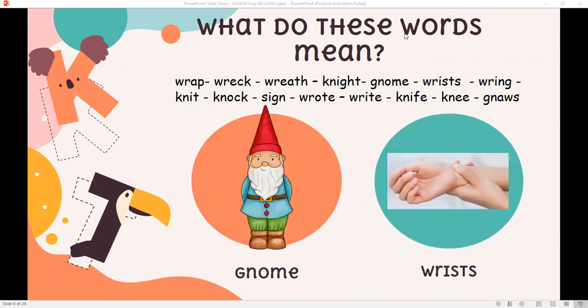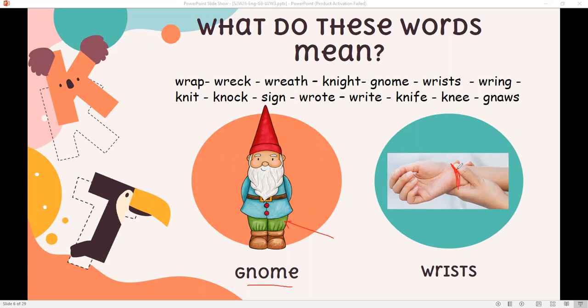Now I have the word gnome. Gnome. This is a gnome. It's like some kind of marble statue that usually placed in gardens. Gnome. The next one is the wrist. Okay, here's the wrist.